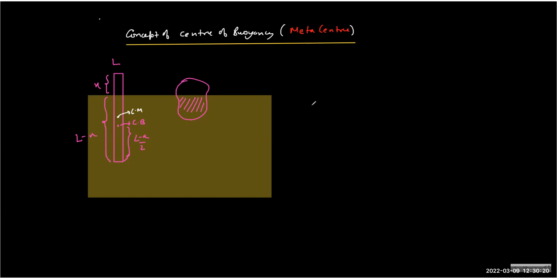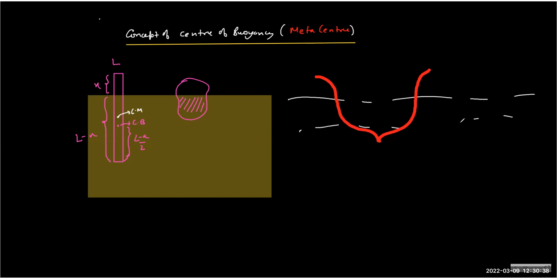So imagine we have an ocean or river, and now we have this, the front of the cruise or ship or boat. Let's say it tilts like this.